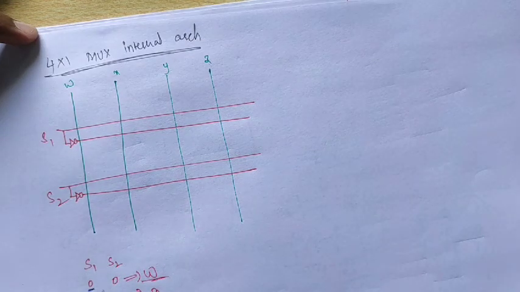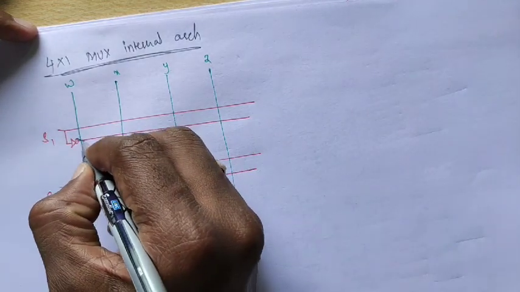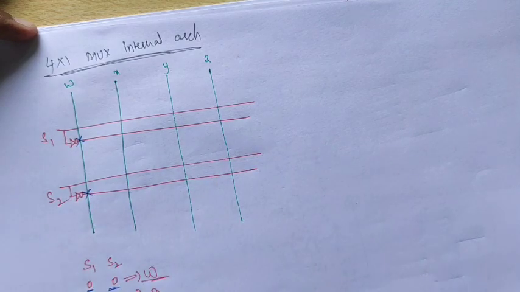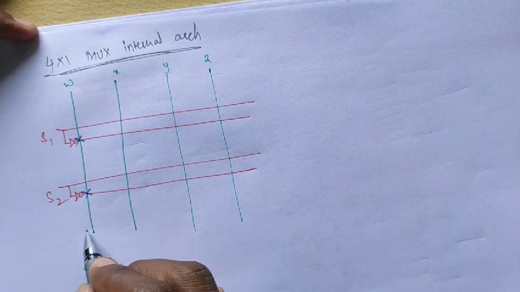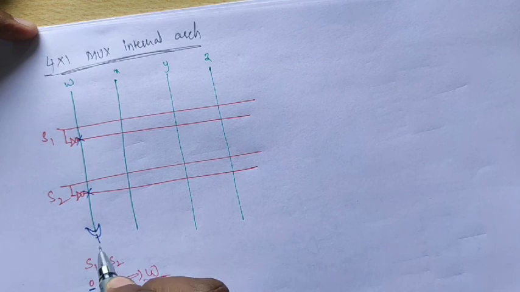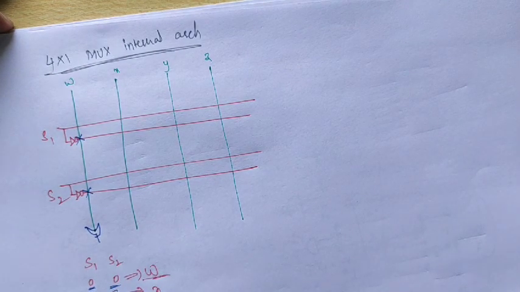S1 S2 0 0 means it's the complement inputs. So S1 is 0, S2 is 0, then W is activated. Okay, this is the W.